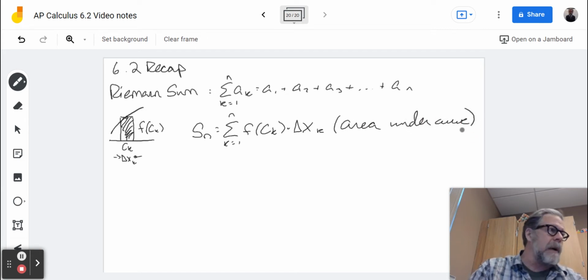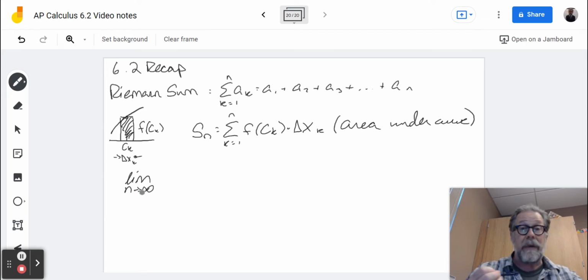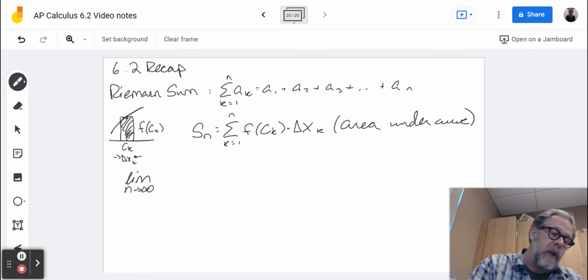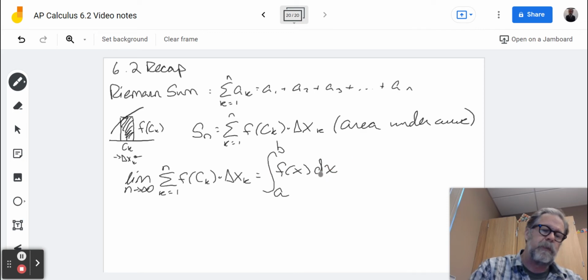So this sum now is just the area under the curve. We then took this area and said, well, let's take the limit as these rectangles become infinitesimally small. In other words, we have an infinite number of these rectangles, and the limit of this sum, k equals 1 to n of f of c sub k times delta x sub k, we will define using the notation the integral from a to b, the limits of integration, of the function dx.